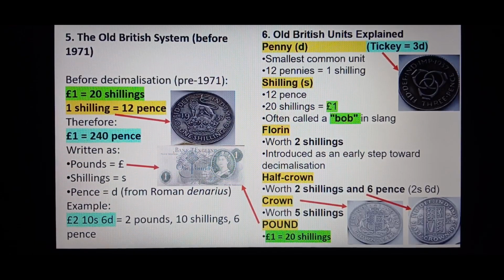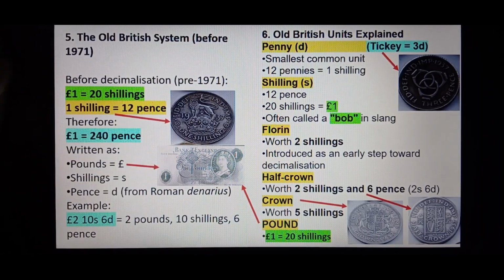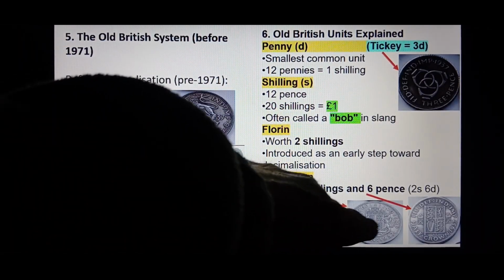The florin was worth 2 shillings. It was introduced as an early step toward decimalization. A half crown was worth 2 shillings and 6 pence. A crown was worth 5 shillings. And the pound was worth 20 shillings. So here's their pound, which is a note, and there is the crown and the half crown.